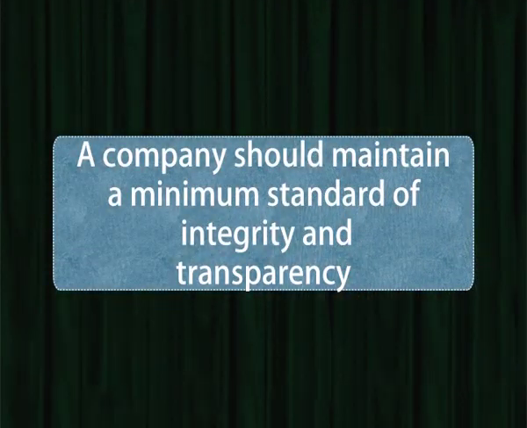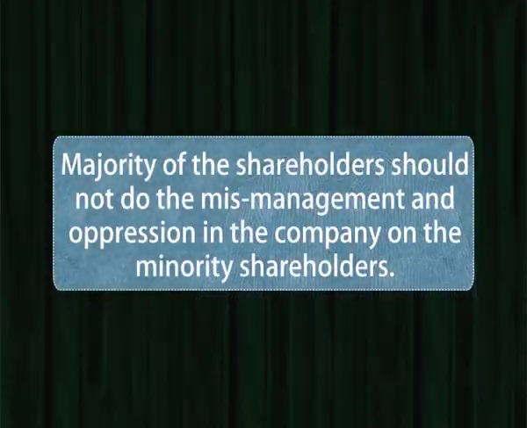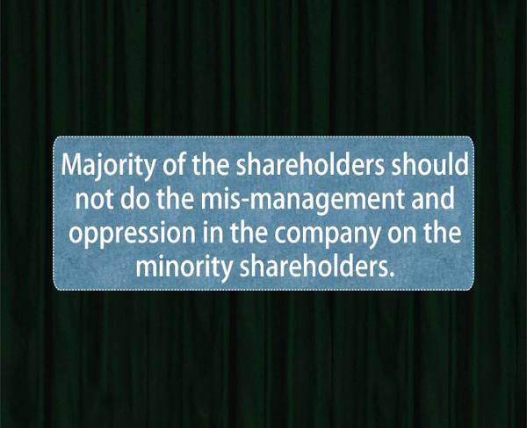The second objective is that we want a company to maintain a minimum standard of integrity and transparency. That is why we have enacted the law. We have also enacted it because we wish that the majority of shareholders should not mismanage and oppress the minority shareholders in the company.